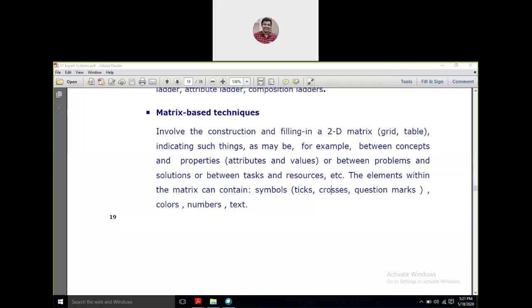I have to give you an example. Let's say you have a piece of information. Some of my students, almost 2 to 3 years back, have worked on it.